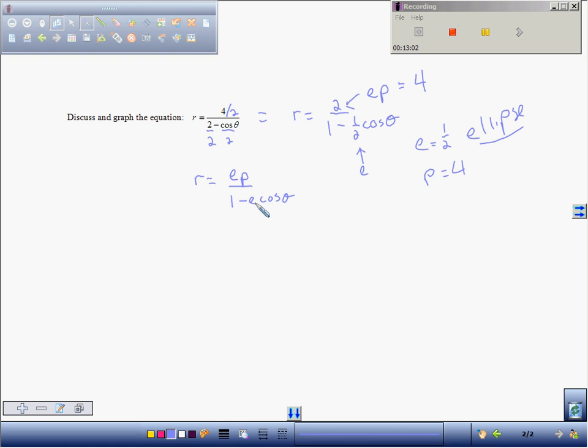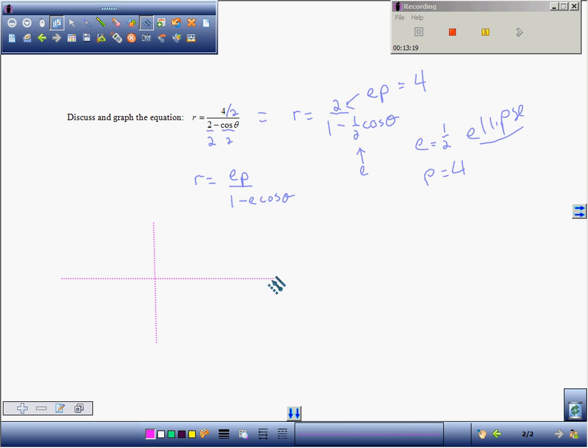We also know that since it's cosine here, this tells you that... let me draw some lines in here. Okay? Its directrix is perpendicular. Isn't that what it says?